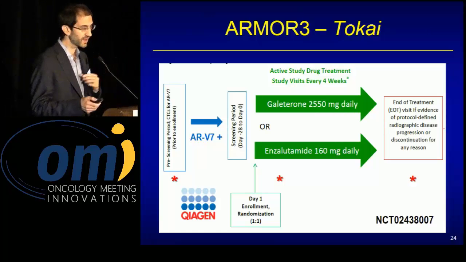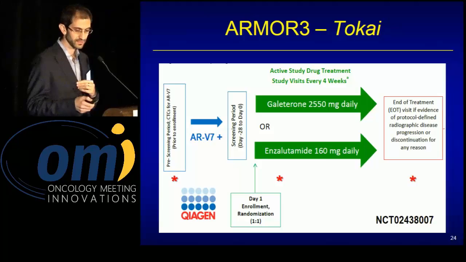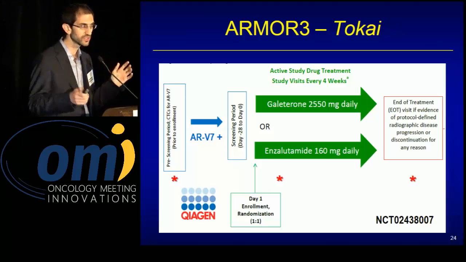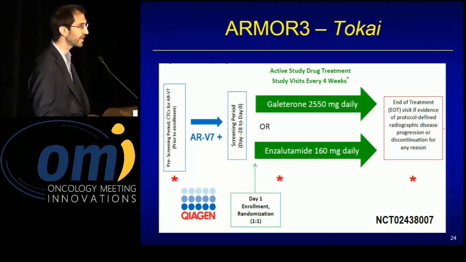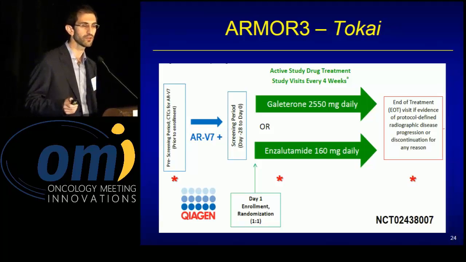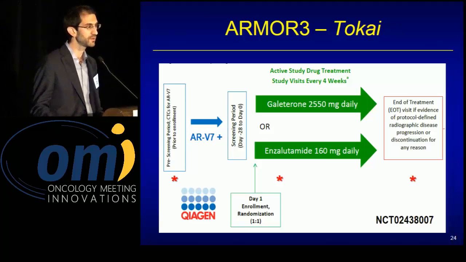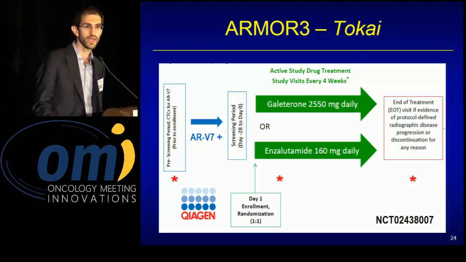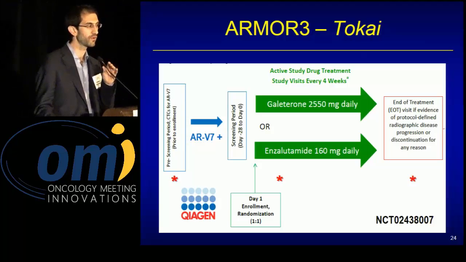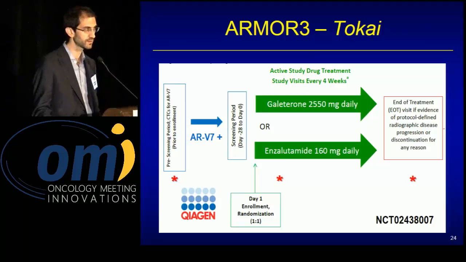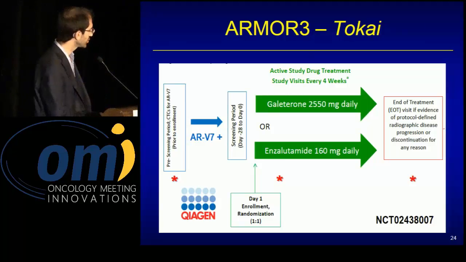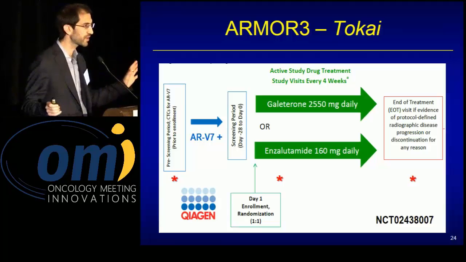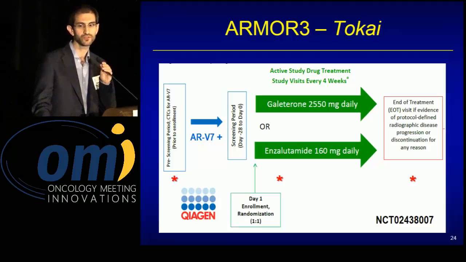Now, the FDA, in an unprecedented move, has not accepted but encouraged the use of a primary endpoint of rPFS, radiographic progression-free survival. And they were not required to have overall survival as a co-primary endpoint, just as a key secondary endpoint. So if the trial is positive, this could potentially be the first rPFS trial.